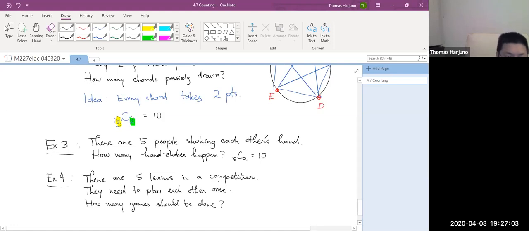Well, you will see the same thing, because every time you have a game, how many teams play? Each game takes 2 teams, right? So there must be 5 combination 2 games being played. That's 10 games.